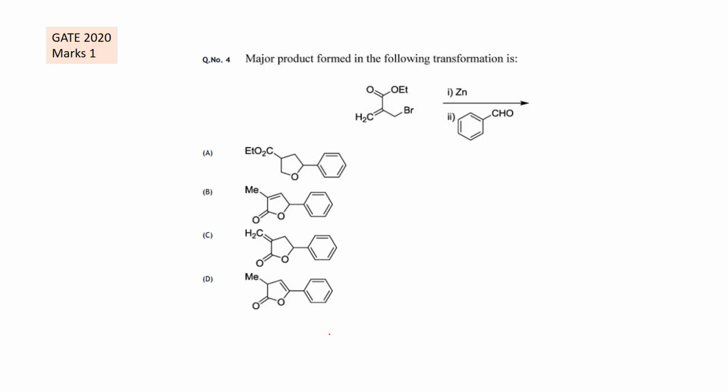So what will happen here? See, with respect to this ester, this is alpha, this is beta. So the bromine is not in the alpha position, but still zinc can be incorporated here. Why?